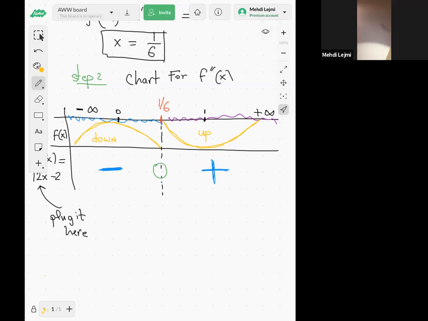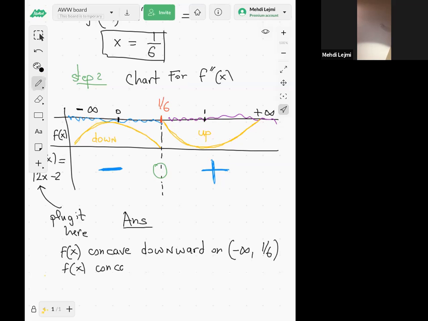So to answer the question, f of x is concave downward on negative infinity to 1 over 6, and f of x is concave upward on 1 over 6 to positive infinity.